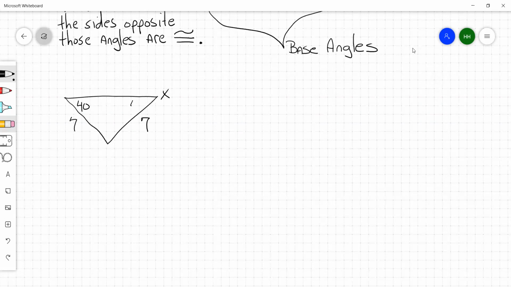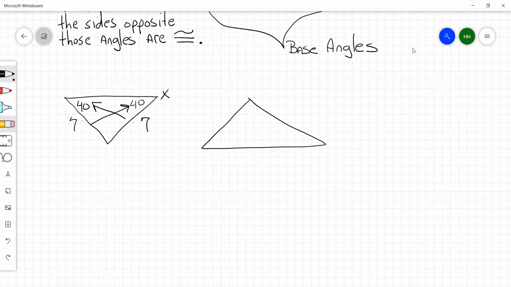It's 40 degrees, okay? Because the two sides were congruent, then the angles opposite those sides are also congruent. So that's one way that you can be told that the sides are congruent with measurements.